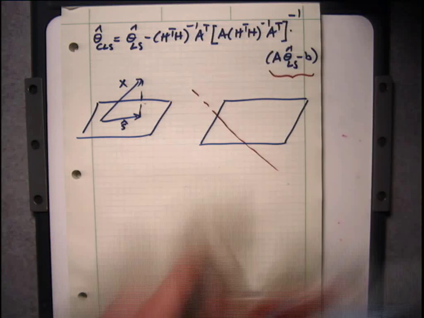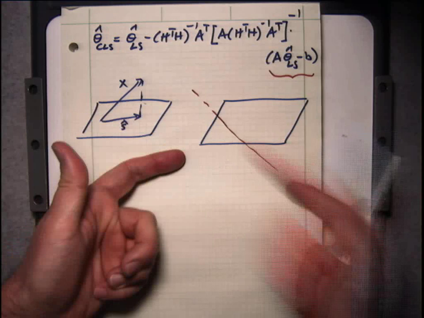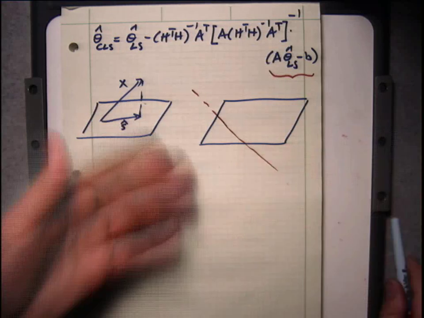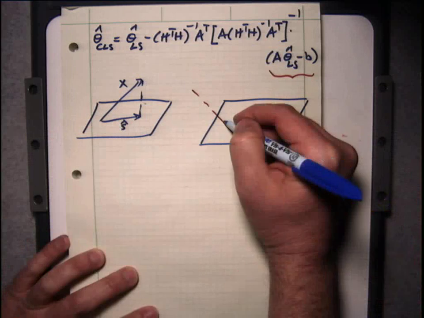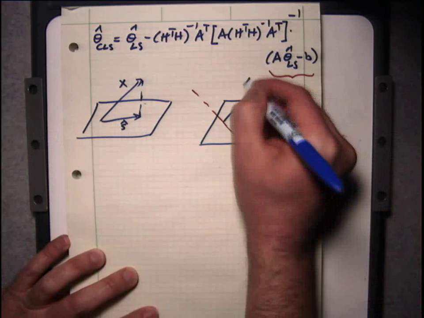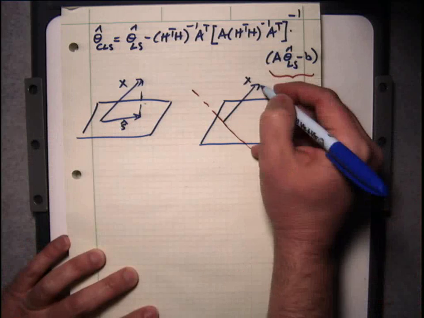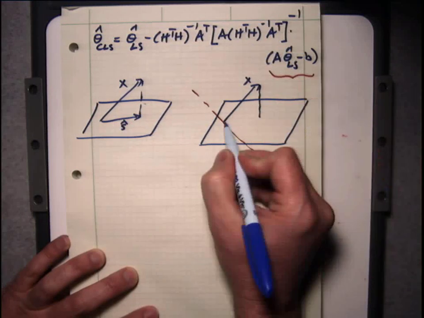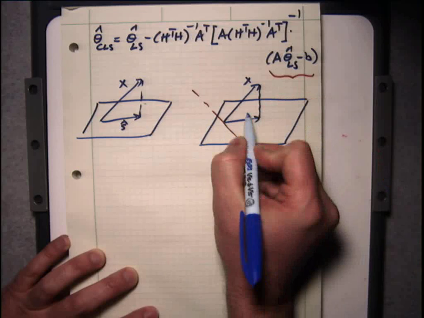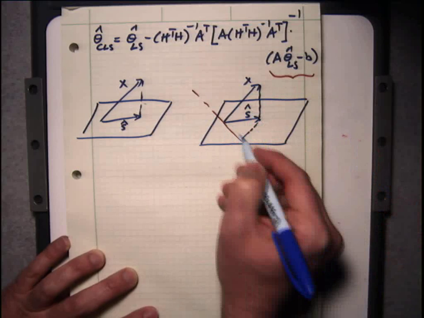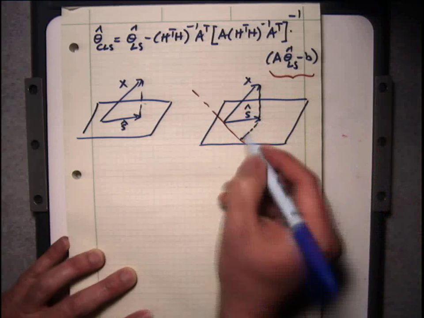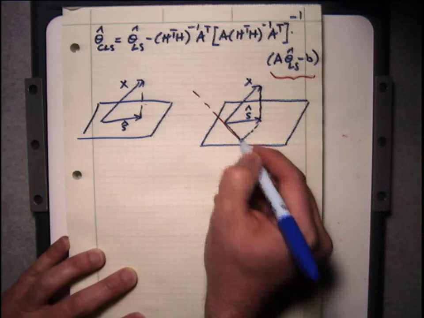Okay, so this space is, let's say, two-dimensional. The constraint line can't be two-dimensional. It has to be at least one dimension fewer. And so what happens is if you have a data point here, x, and you project it onto this space, you get this s hat, but it doesn't satisfy the constraint. So then you're again projecting onto the constraint space, and then your solution is in fact this guy.